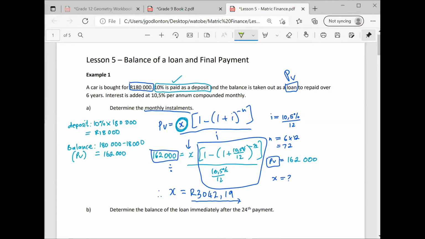So if you grab your calculator for me, we can literally talk through this whole process. The first thing we would do is type in the 162,000. And then you're going to push divide and push your fraction key. And then you're going to put this fraction in exactly as it looks over there.